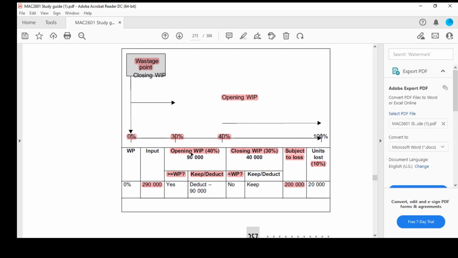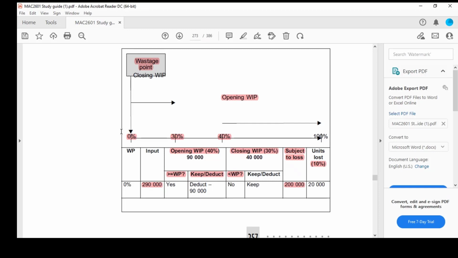Exactly. So let's take the same scenario. It's only on opening WIP, hey? Yes, only opening WIP. The current production will be subject to the wastage point because it's put into the current period at the beginning. So that's the distinction I made.